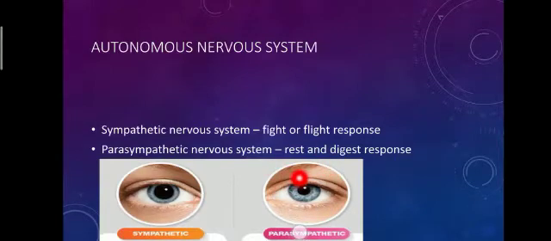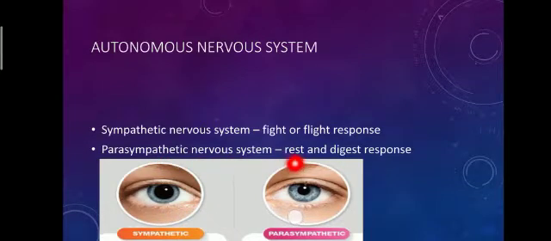In the parasympathetic nervous system, when the light is removed from the eye, the pupil returns to its original shape, means it starts resting. The ciliary muscle starts resting. This activity we can call parasympathetic activity, controlled by the parasympathetic nervous system. There are many examples which are controlled by the sympathetic and parasympathetic nervous systems.